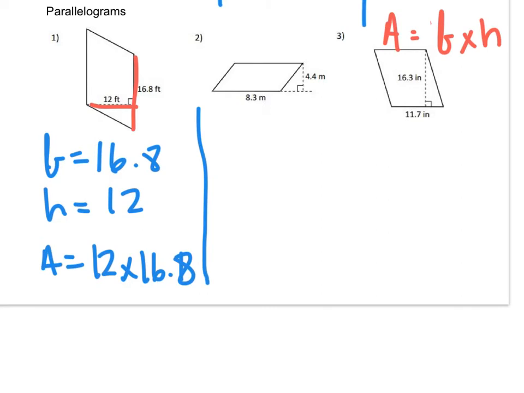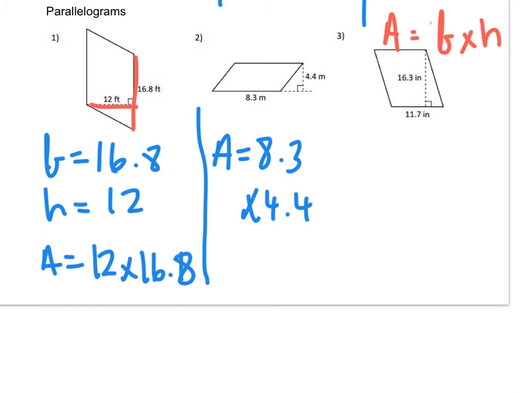Again here, look at the 90-degree symbol. As before, the 2 lines that come off it are an 8.3 and a 4.4. They're the ones you multiply. Area equals 8.3 times 4.4. The height is the 4.4 because it goes from one side to the other.